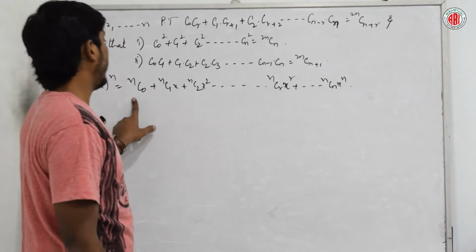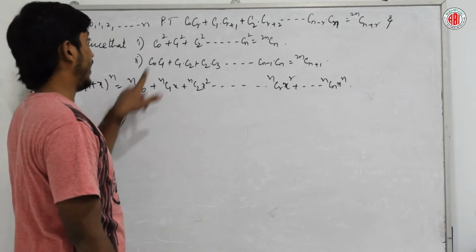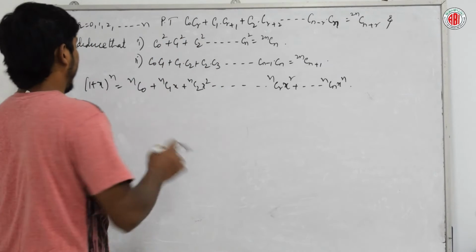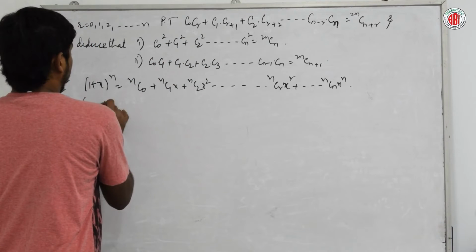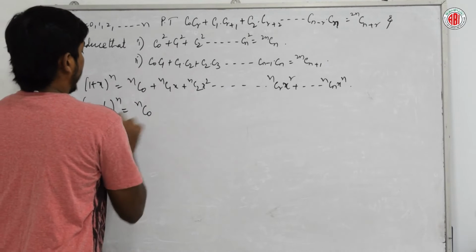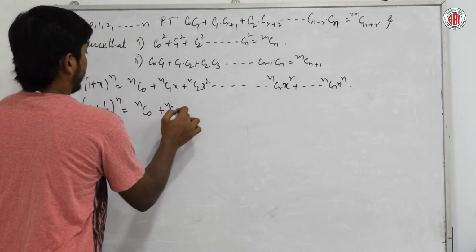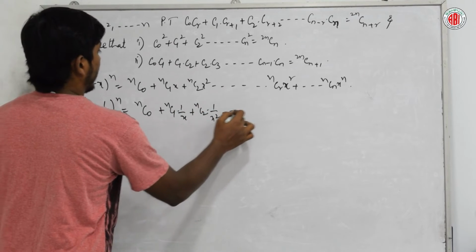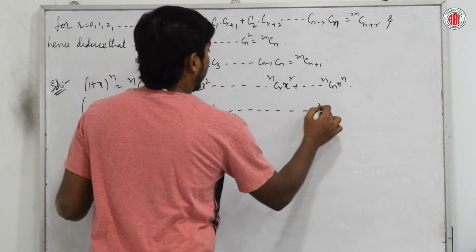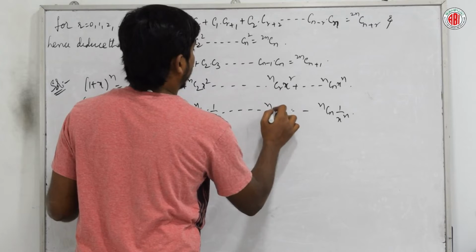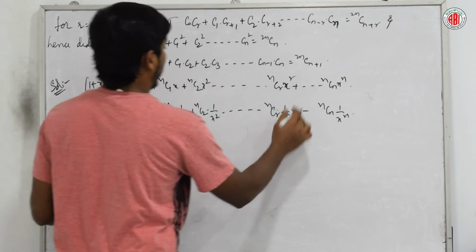So we want nC0 multiplied with the rth term. So what shall we do? Let us replace x with 1 by x. So what happens? nC0 plus nC1 into 1 by x, nC2 into 1 by x square and so on up to nCn into 1 by x power n, or else simply nCr into 1 by x power r.